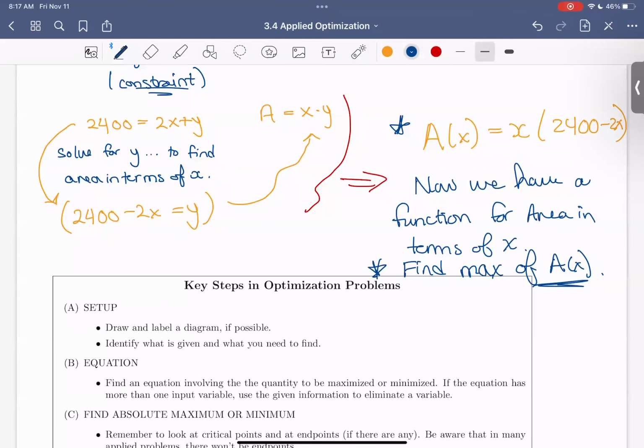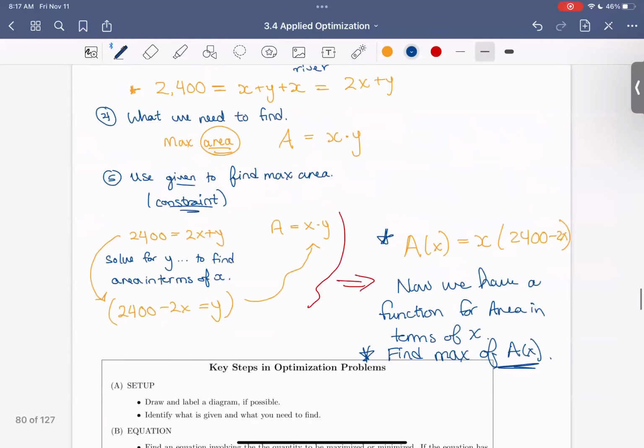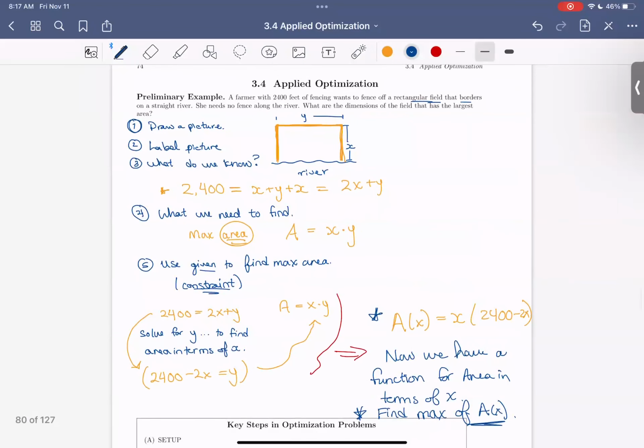So before we find that maximum, let's just summarize what we've done. So we've drawn the picture of the situation. We've labeled the picture with the relevant dimensions. Then we determined what we know or what is given, and that's the constraint here. And I'm going to write that down because in all of these problems, what is given is often a constraint.